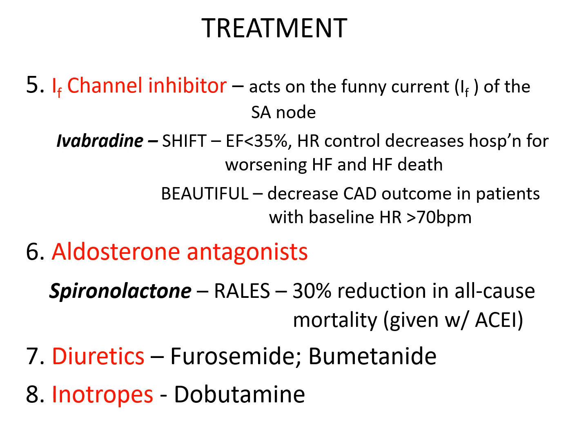And then by controlling congestion with diuresis, you may be able to decrease the heart rate as the congestion becomes lesser. The heart rate may be a little bit controlled, and you can continue on with the beta blocker. If the patient is not in atrial fibrillation, then an If channel inhibitor, ivabradine, may be used together with the beta blocker.